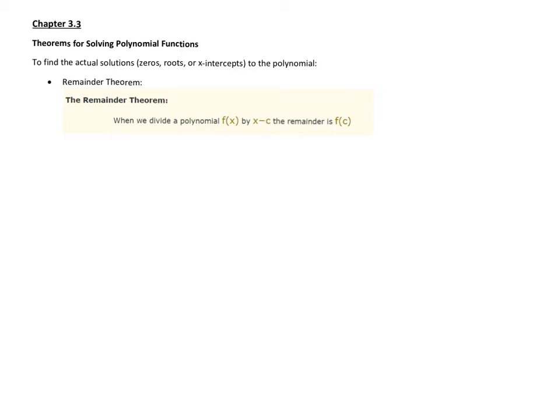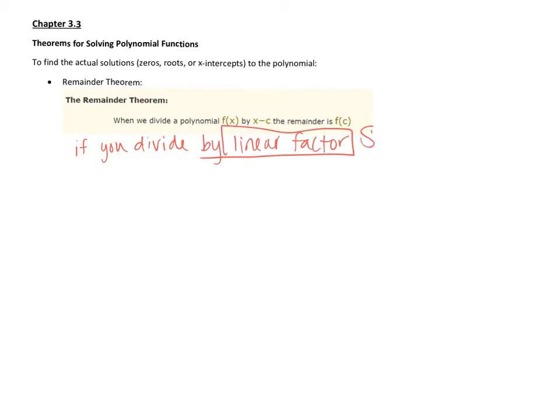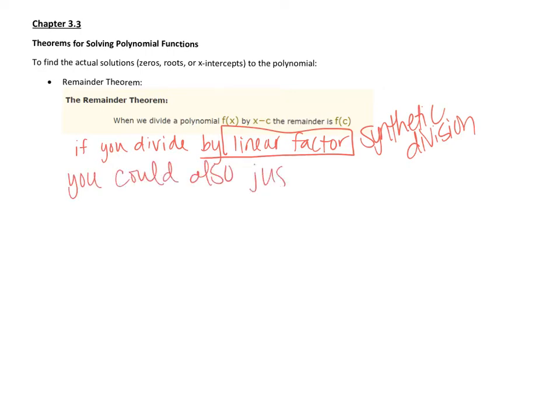In layman's terms, it means that if you divide by a linear factor, which remember means I was using synthetic division, you could also just plug in or evaluate with that same number.